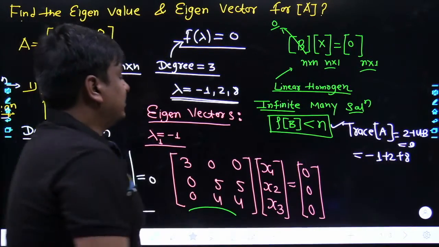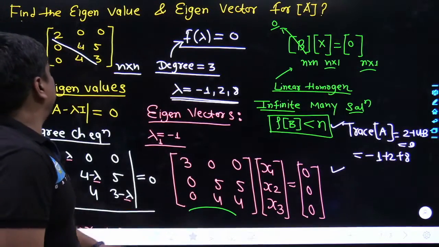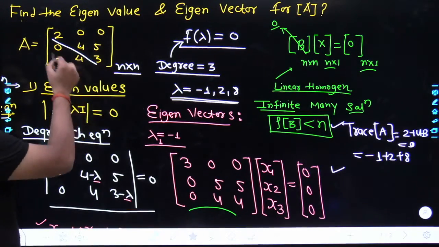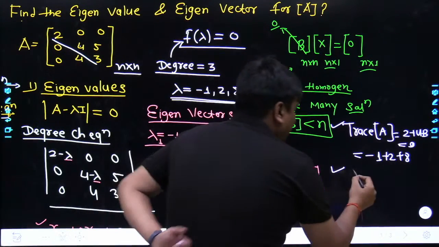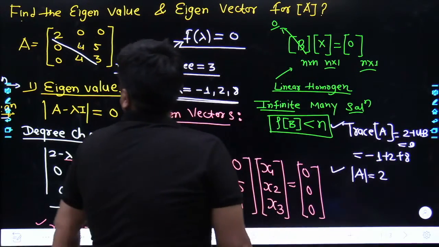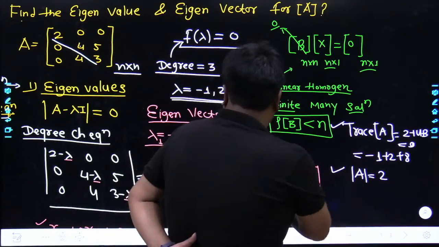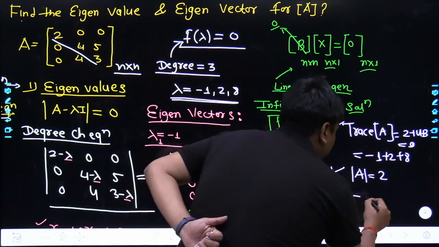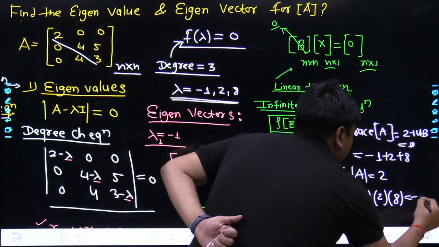Is that part clear? Similarly, if we talk about its determinant, what would be the determinant? The determinant of this matrix is simply going to be 2 into 4 into 3. Get the value of it, and similarly, at the end of the day, you will land up with minus 1, 2 and 8, and here it's going to be minus 16.